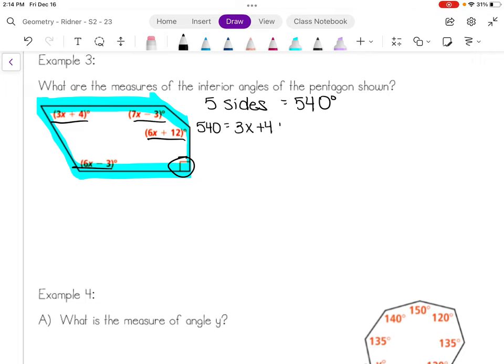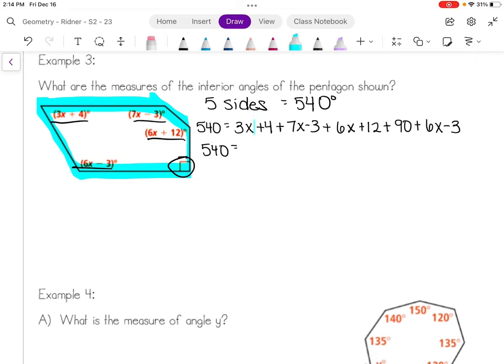3x plus 4 plus 7x minus 3 plus 6x plus 12 plus 90 degrees, so plus 90, plus 6x minus 3. Whew, that's a lot. Okay, let's group all of our terms together there.